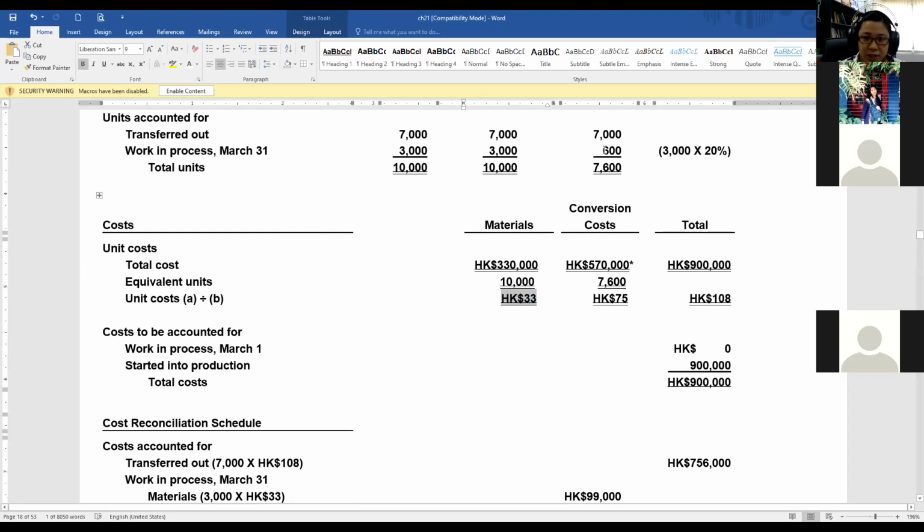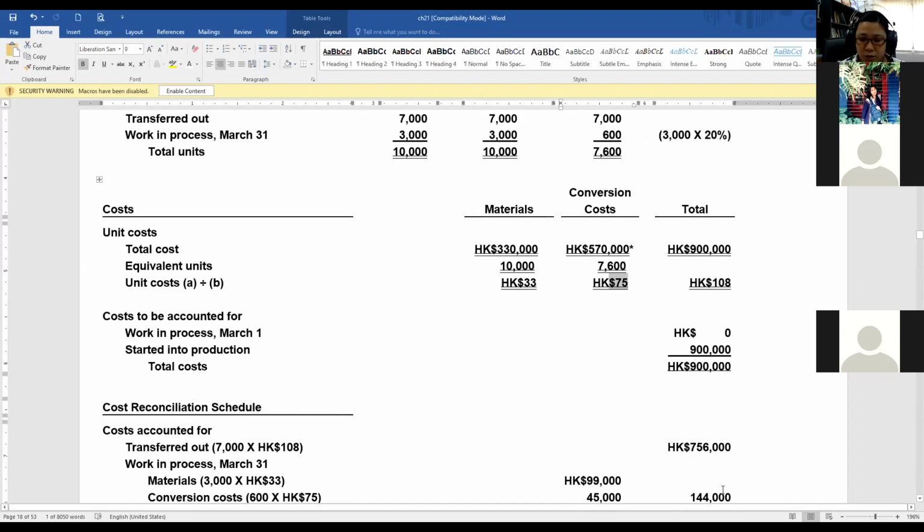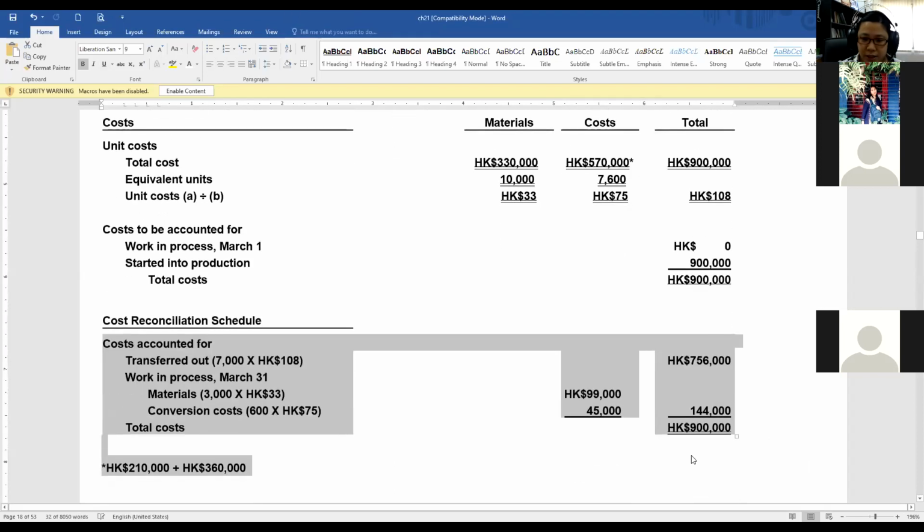And then for conversion, class, we have 600 units at the end here, work in process. So 600 times 75, and that will give us 45,000. So total will be 144,000. 756 plus 144, and the total cost will be 900,000. Oh, exactly the same, class. So it means that it is correct.